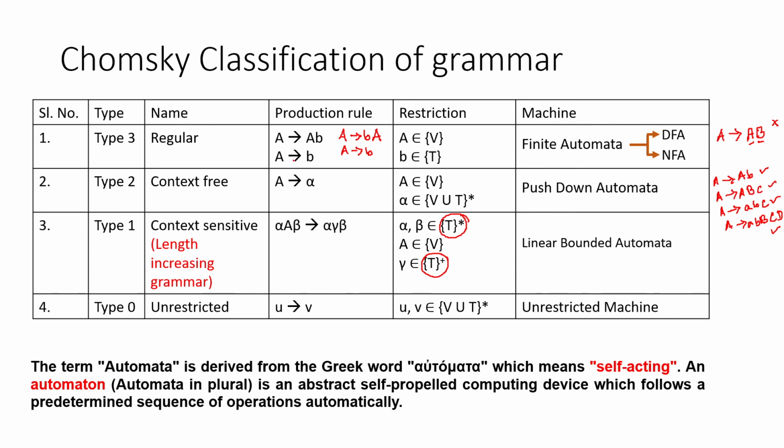So in the previous two cases, at least, we had a restriction about the length of the LHS. But now in the third case we can see that this restriction is loosened down. I can have more than one character in the LHS, and that can be written with respect to this following rule.